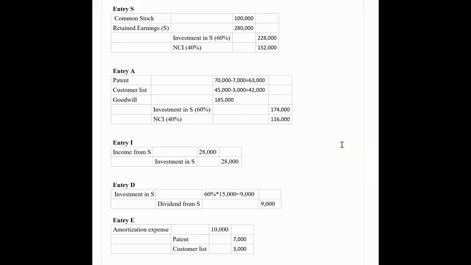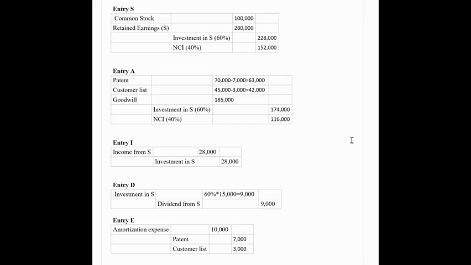Okay, so the second entry is entry A. Entry A is to adjust for those fair value allocation amounts, and we have three accounts here. One is patent, the other one is customer list, and the last one is goodwill. And for patent and customer list, the current amount we input into the entry is the original allocation minus 1 year of amortization, because this is the beginning of 2018.